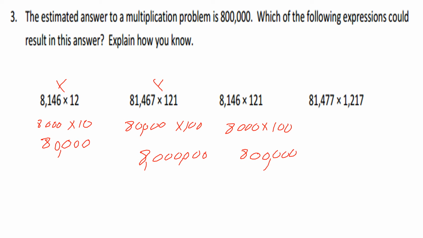And we can see this one's a good one, but let's check the last one. 80,000 times 1,000. 1 times 8 is 8, and we have 7 zeros. So the only answer would have been the third one.